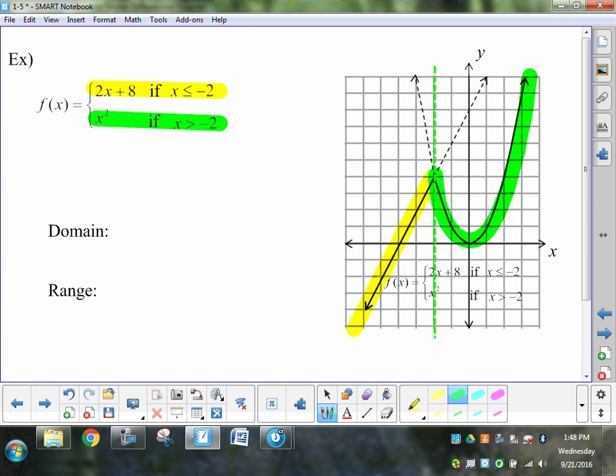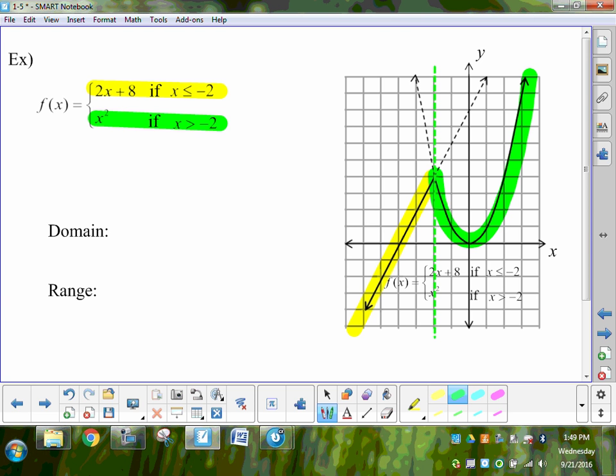We need to go through and determine, and that's what the graph would look like. We need to go through and determine our domain and range of this. So looking at what's there, what would you say the domain of this graph is going to be? How about our range?